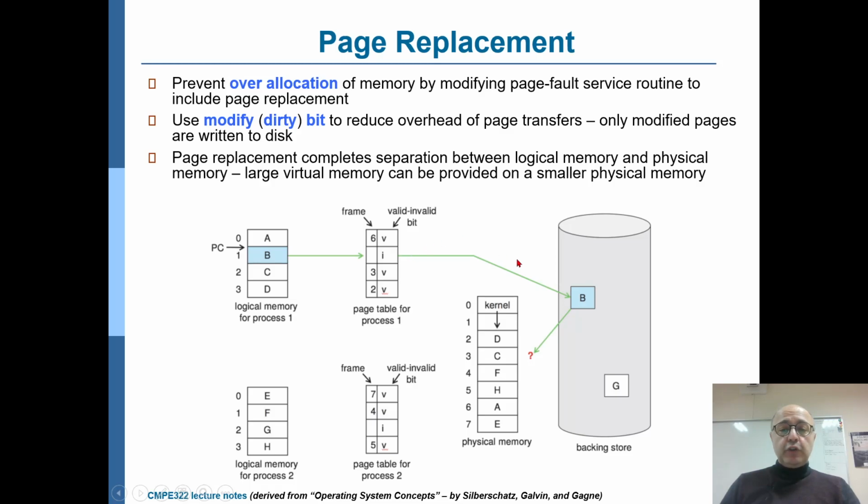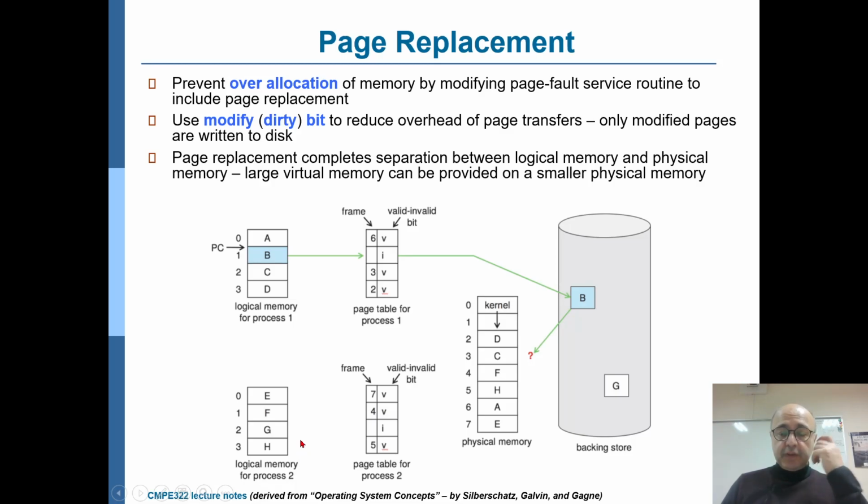Therefore, we need to go to the backing store and find that page. Well, this is doable, fine. But then in the physical memory, we need to find an available frame in which we could store page B. Since there are no available frames here, one of them has to be selected as the victim. That could belong to the same process P1, or maybe some other process.